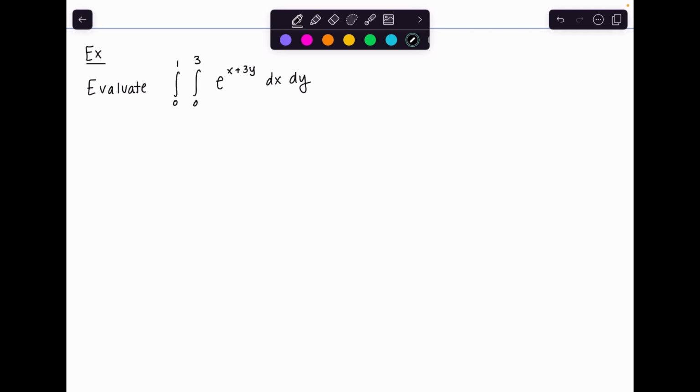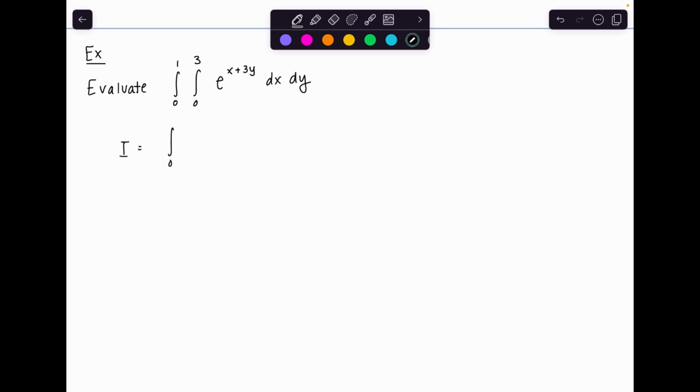So again, very nice because I have constant bounds. I could find the antiderivative of this function. However, I want to see, can I separate it? And really, because I have the addition of these exponents, I can.